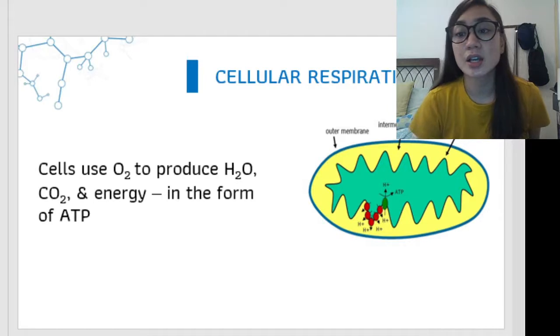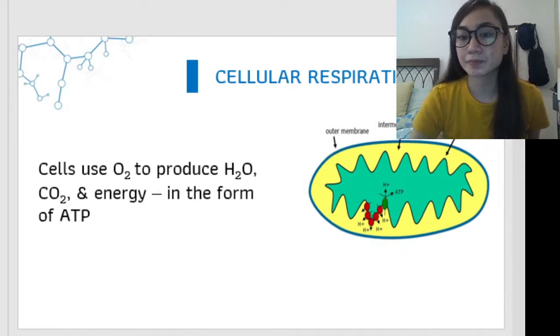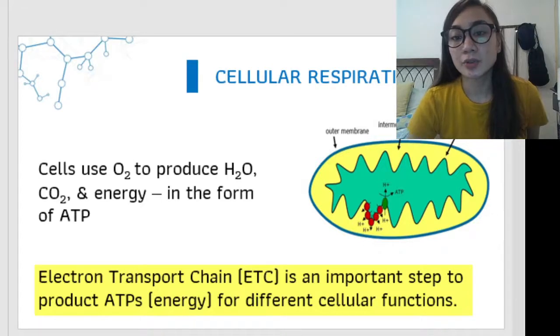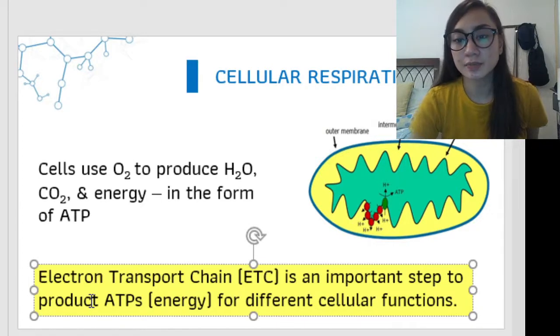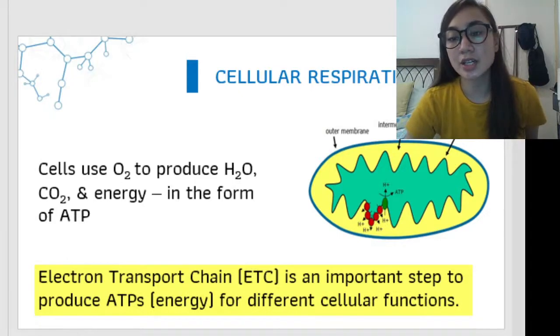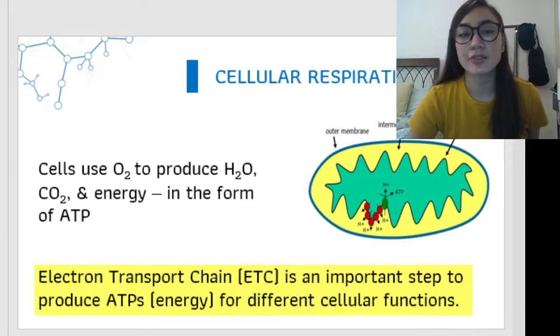Of course, nakukuha yan from the atmosphere, from the air that we breathe, that is produced by the plants. So, the electron transport chain or ETC is an important step to produce ATPs or energy for different cellular functions.